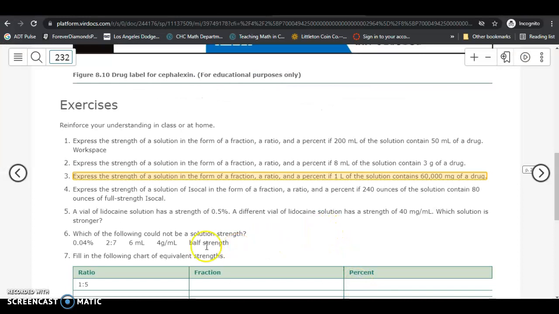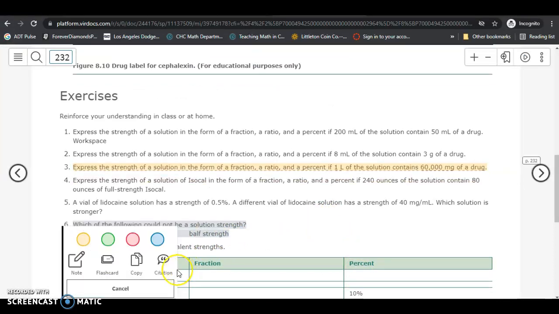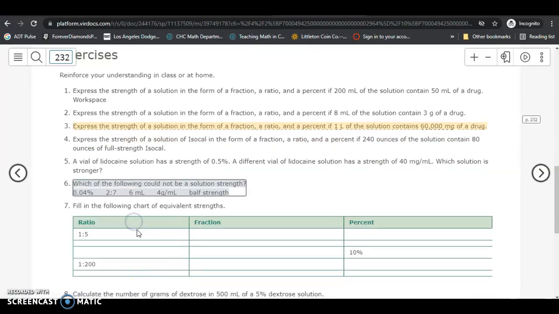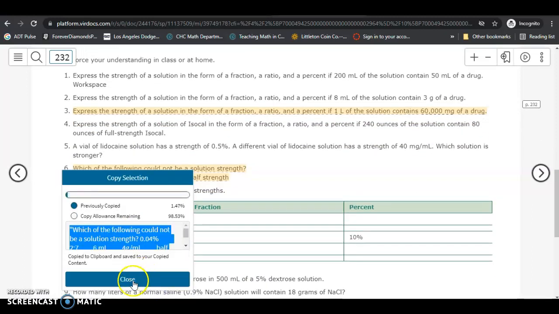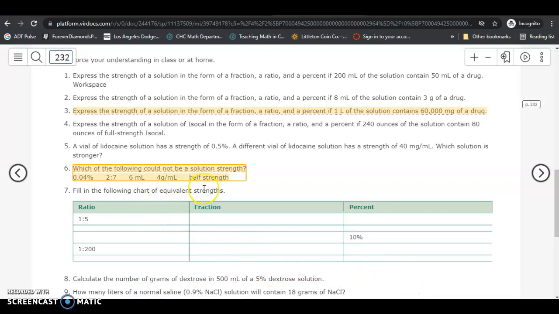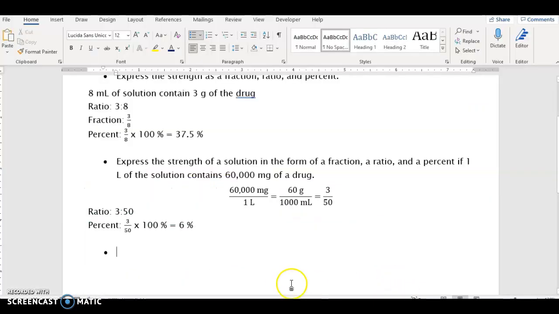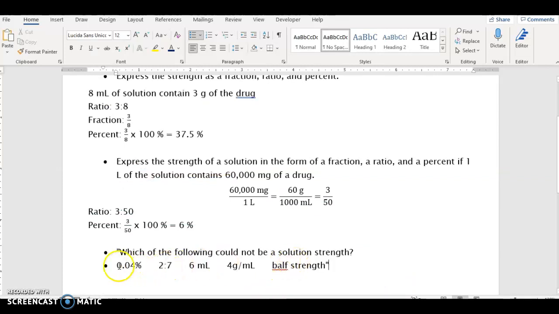Okay, our next problem is number 6. It simply says which of the following could not be a solution strength. And these are the options.